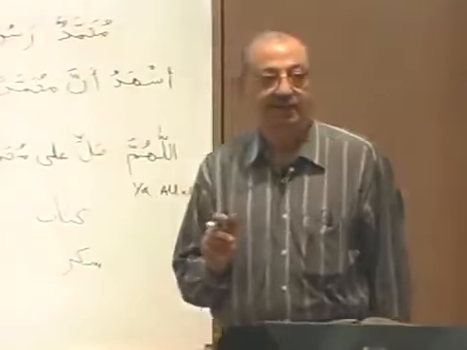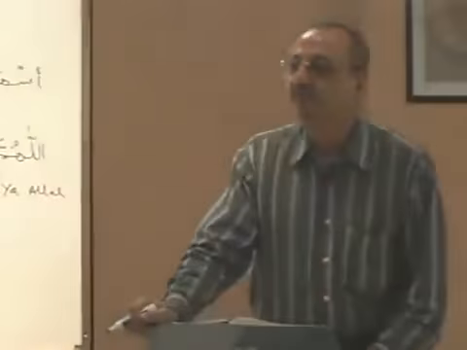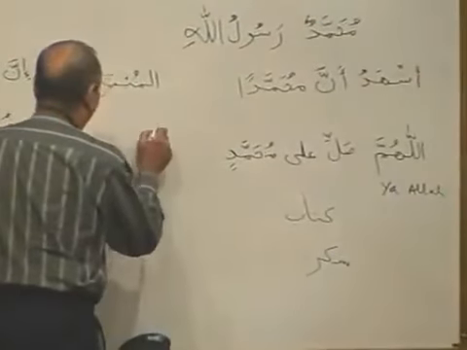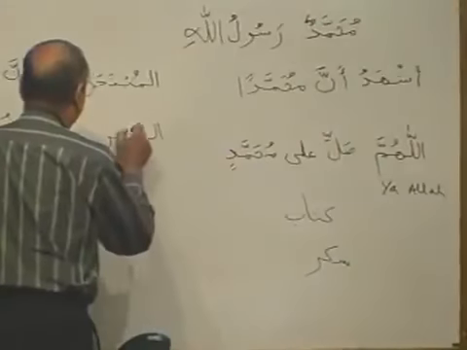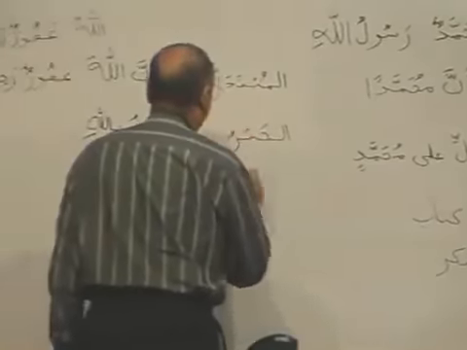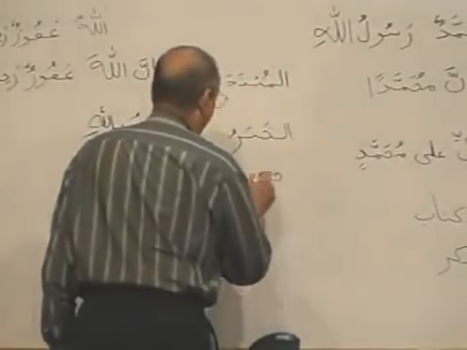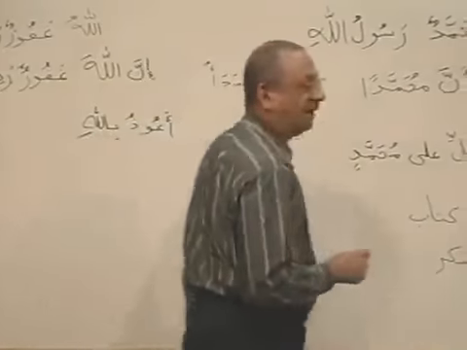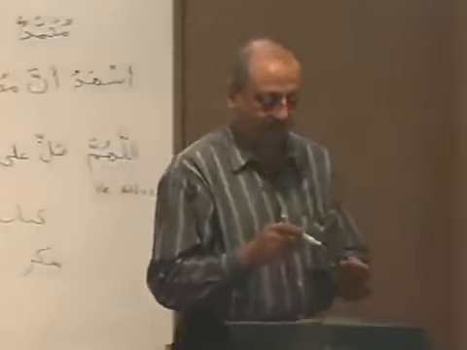Mubtada. Okay? Subject. And what is called predicate in Arabic? Very simple. Khabar. Aaj ki taza khabar kya hai? Khabar. Al-khabaru. Or you will say khabar. Are you with me? What does khabar mean?